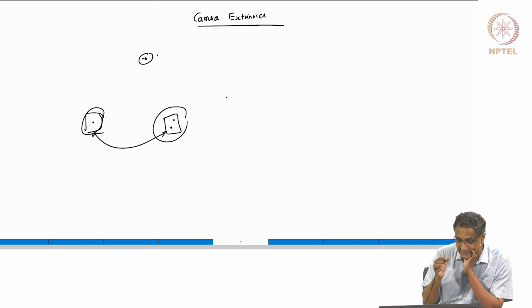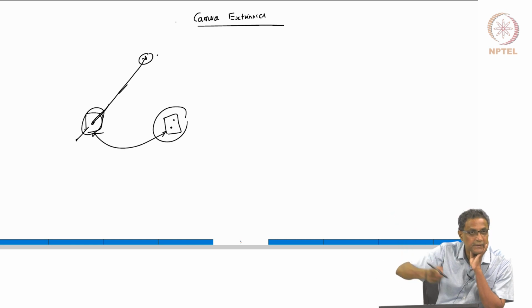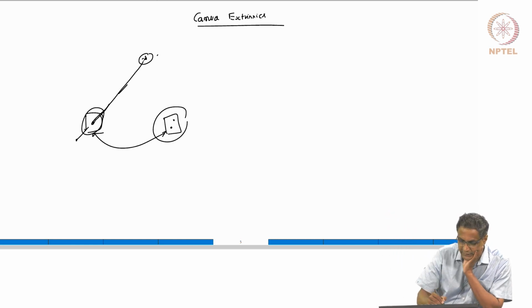Suppose I am able to tell where this point comes here. If I back project from the optical center through an image point, the ray goes all the way, and I know my 3D point is somewhere on that ray. Now suppose I ask where this point is on the other image plane.